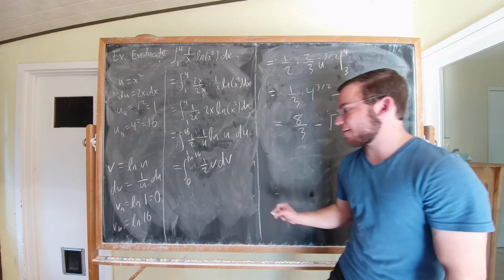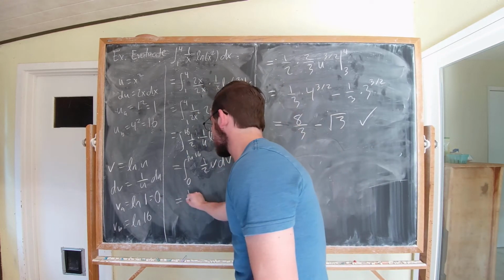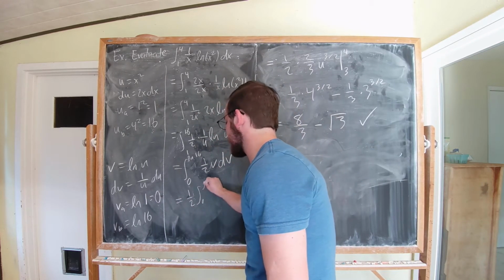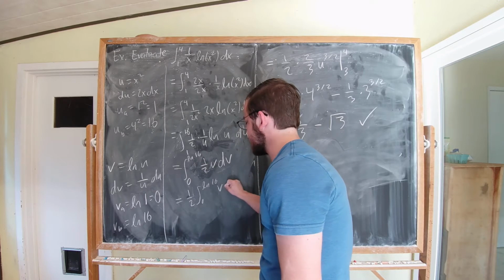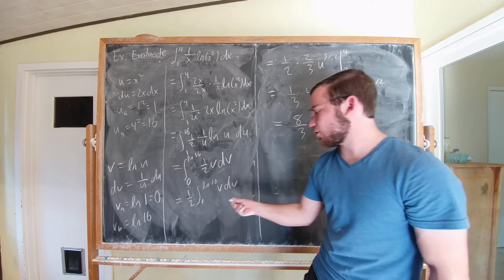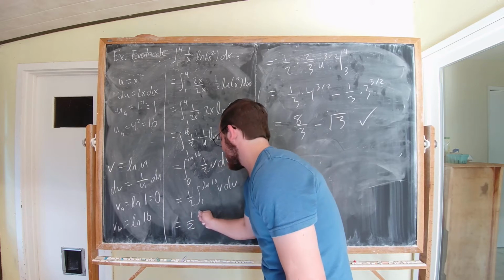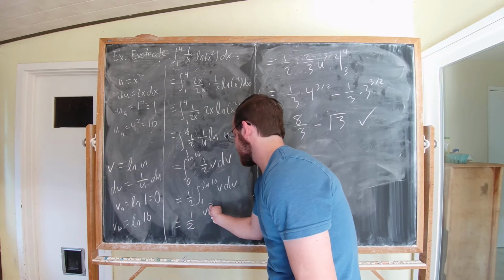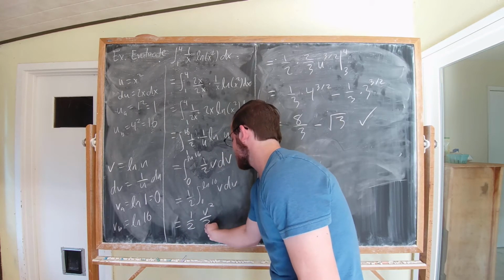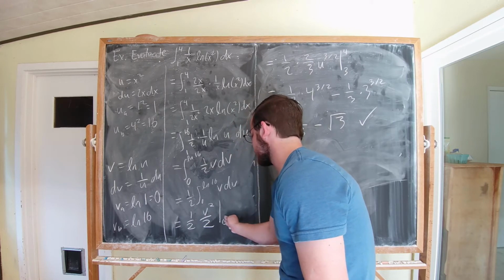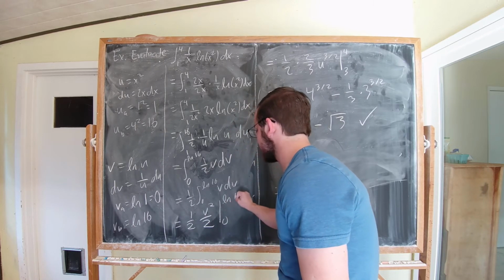Great, we know how to do that. This is 1/2 times the integral from 0 to the natural log of 16 of v dv by a scalar multiple rule. Power rule now says this is 1/2 times v squared over 2, going from 0 to the natural log of 16.